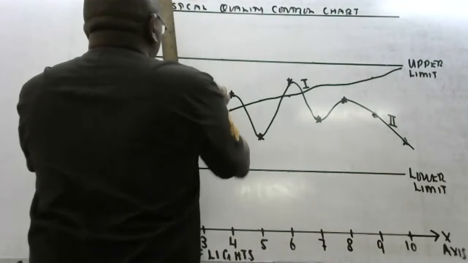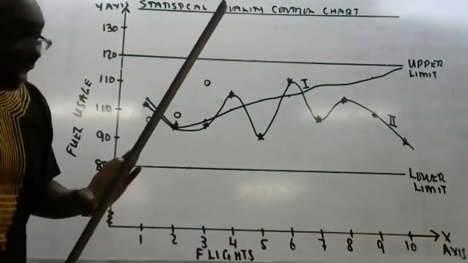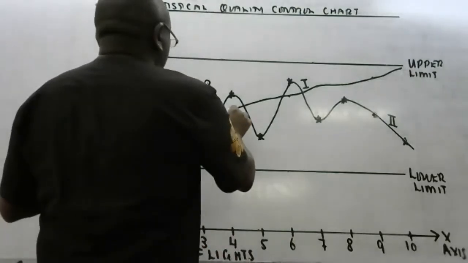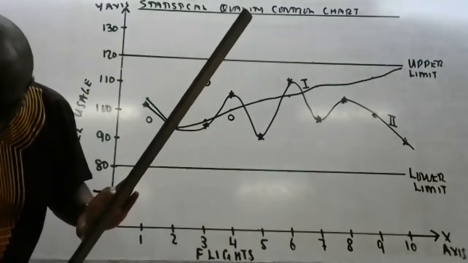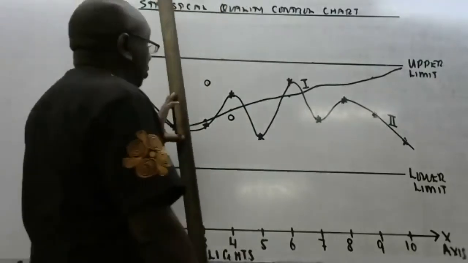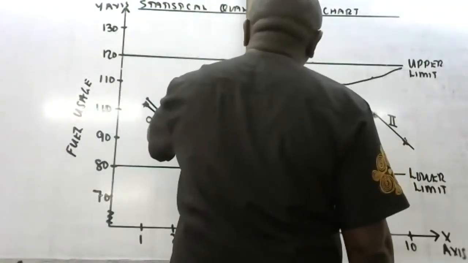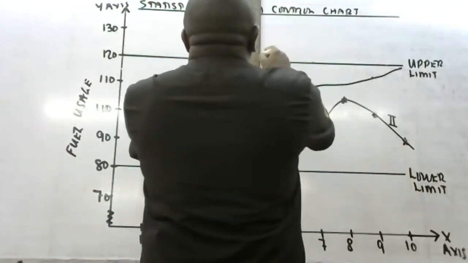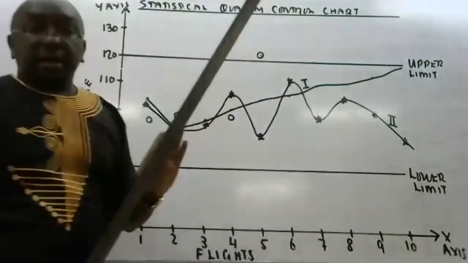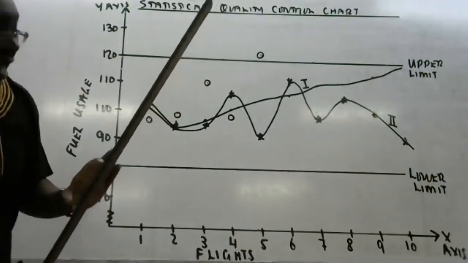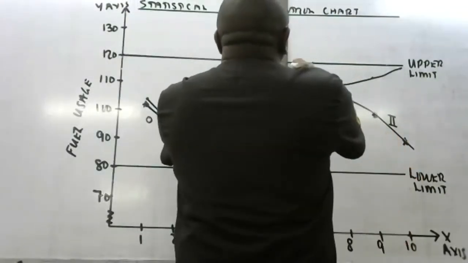So I have 111 there. Then I have another 104 here. Then I have 122. So 30. So 122 is here. Then I have 118. 118 is here.